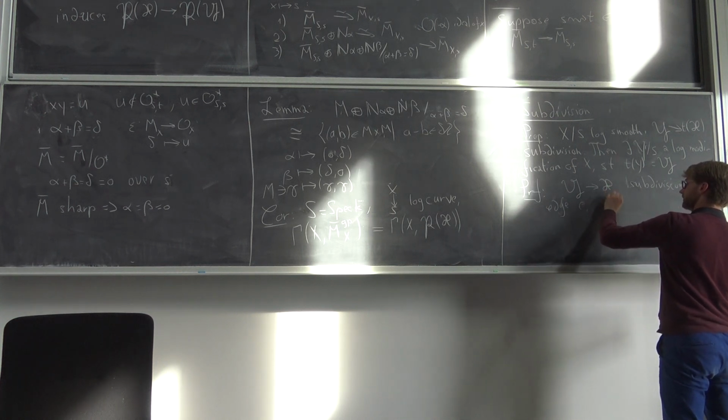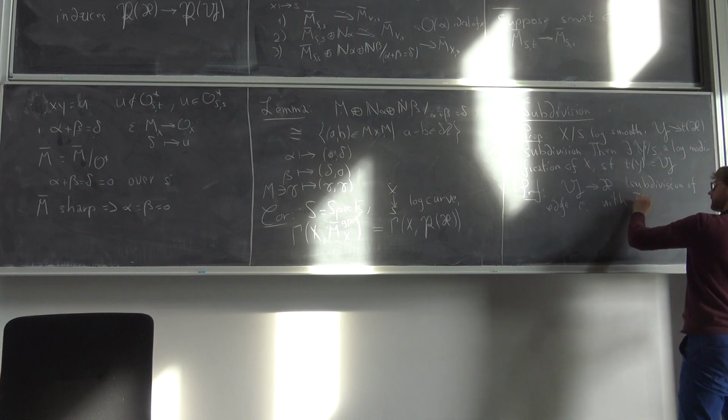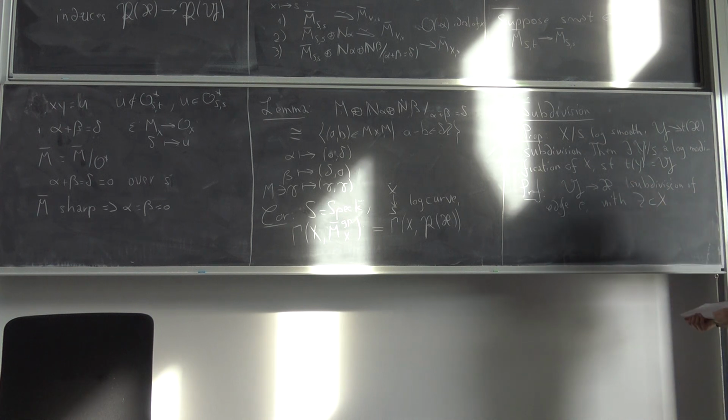This node we will write Z. Of course, this node need not be a point because we're looking over a general family.